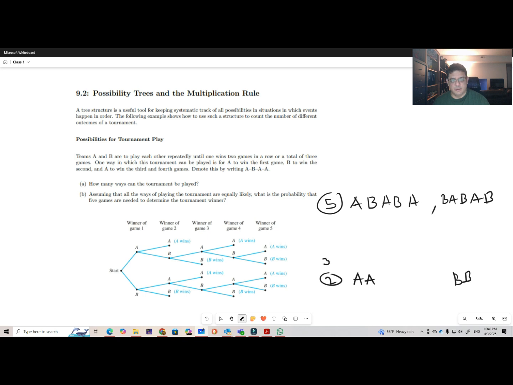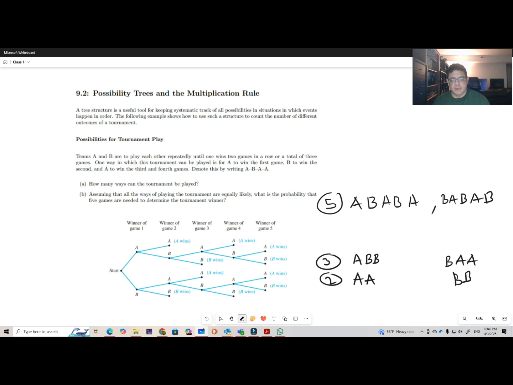Now for finishing in 3 games, it means that the second team, which was alternating, got the victory in a row. For example, here A won first, but then B won, and so to finish in the third game, we need B to win again. So we have A, B, B, or we have the opposite: first B won, then A won, and then A won again.